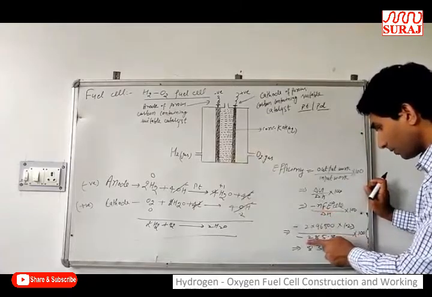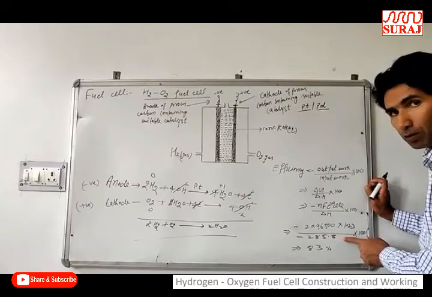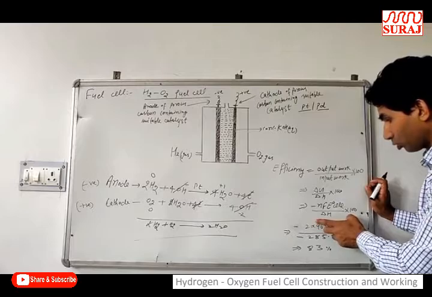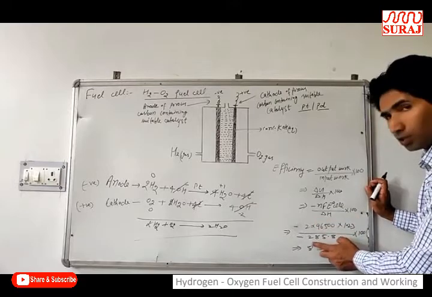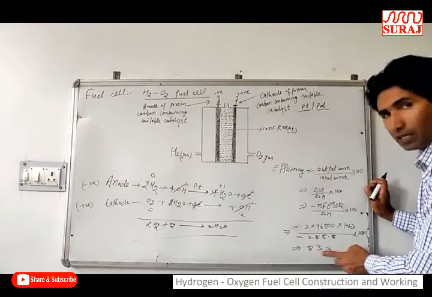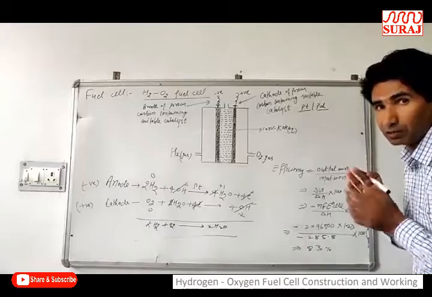Total change in enthalpy is minus 285.8 kilojoule per mole. Let it be clear: this enthalpy is in kilojoule per mole and this one is also in kilojoule per mole. Fine. We get 83% efficiency.